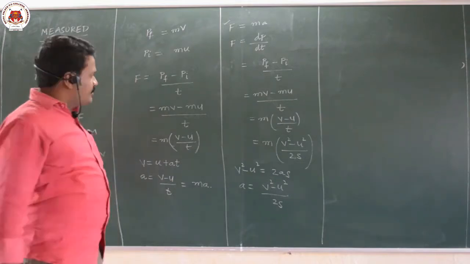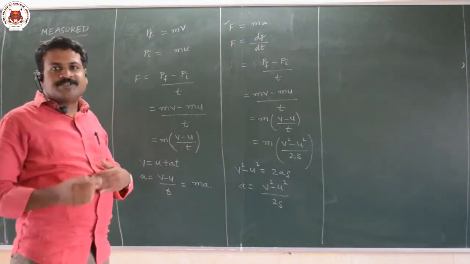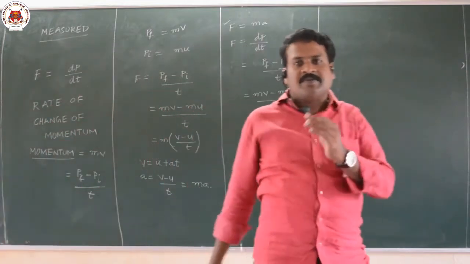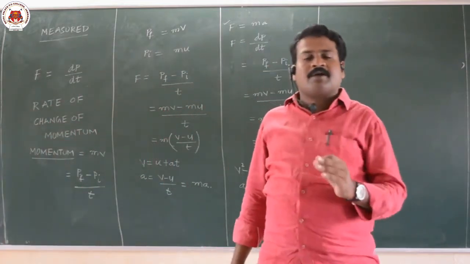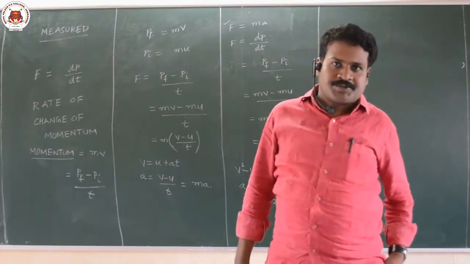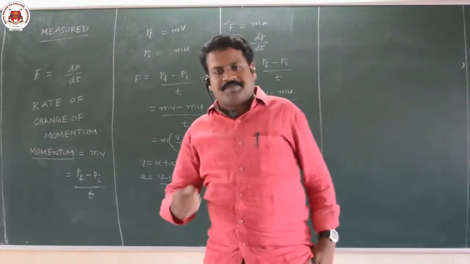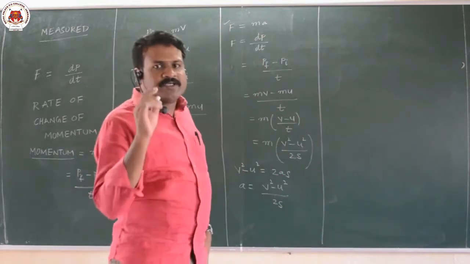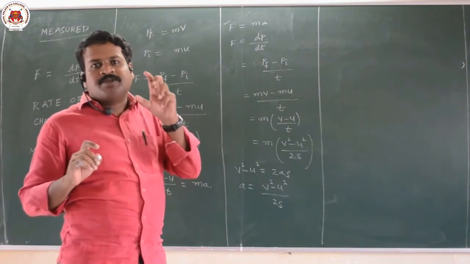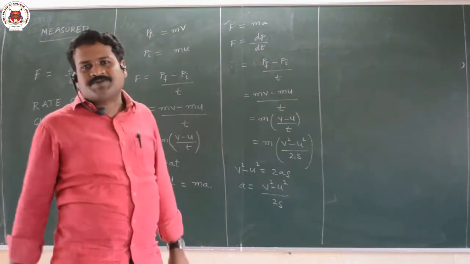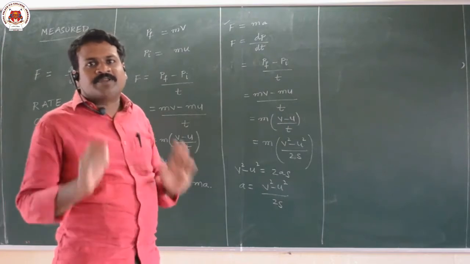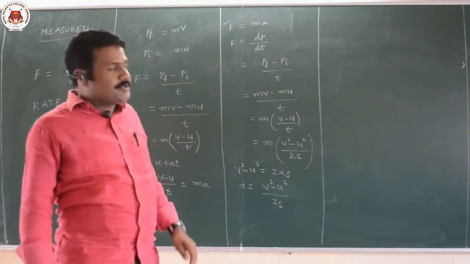Okay, let's understand Newton's second law. I have already told you, the first law defines force, the second law calculates force, and the third law gives the direction of force. So in Newton's laws, what we are finding is only about the physical quantity called force.